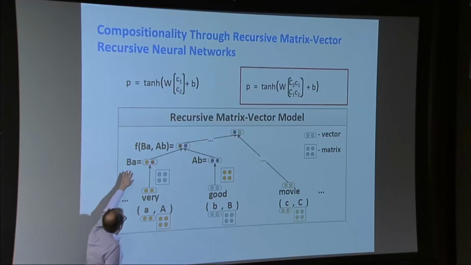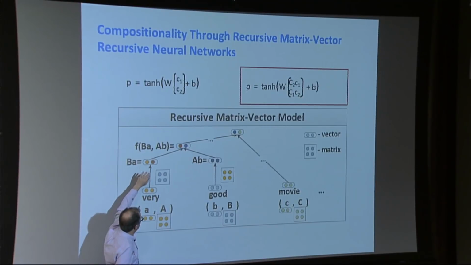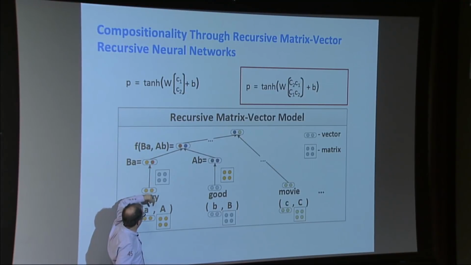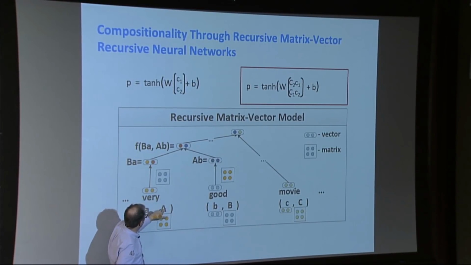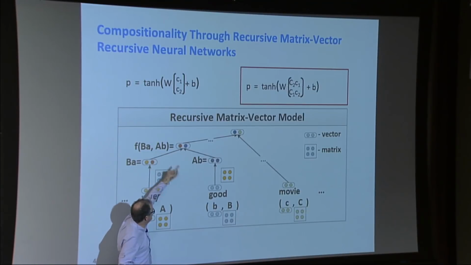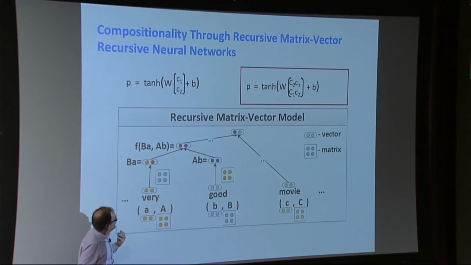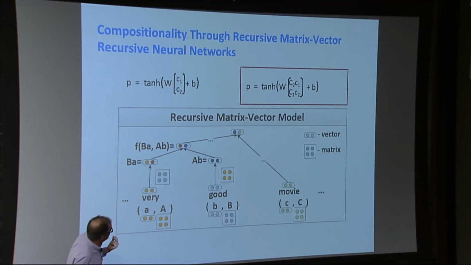To work out the vector meaning of a phrase like very good, each word has a matrix meaning, and so we're going to combine their opposing matrix and vector meanings. We're going to take the matrix meaning of good and multiply it by the vector meaning of very, and we're going to take the matrix meaning of very and multiply it by the vector meaning of good. And so we're going to have both of those two things.